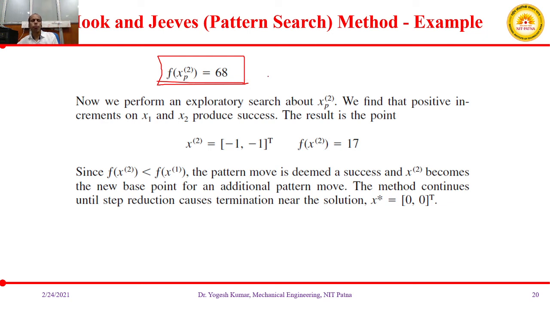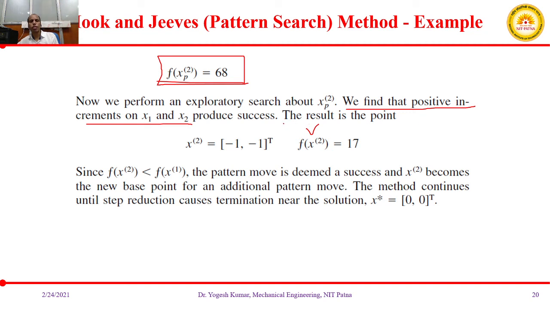Now what we will do, again we will give an increment. We may perform an exploratory search for xp2, and if we find by giving some increment a reduction in the value of the function fx, then we may set the current base point as our optimum solution.